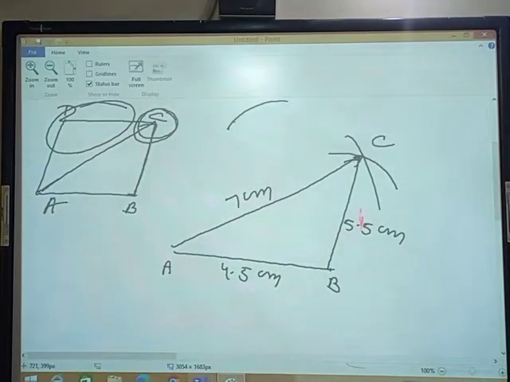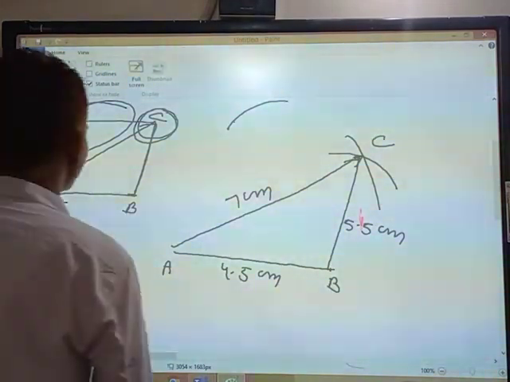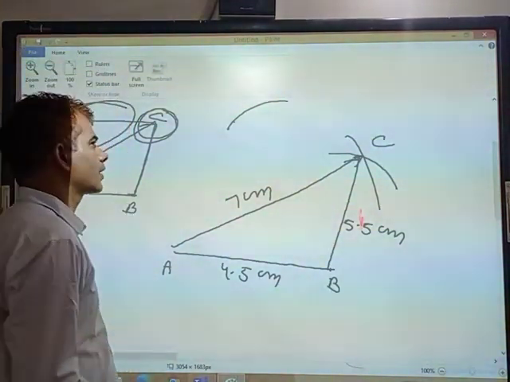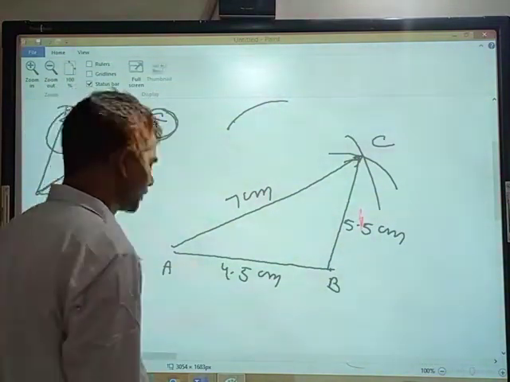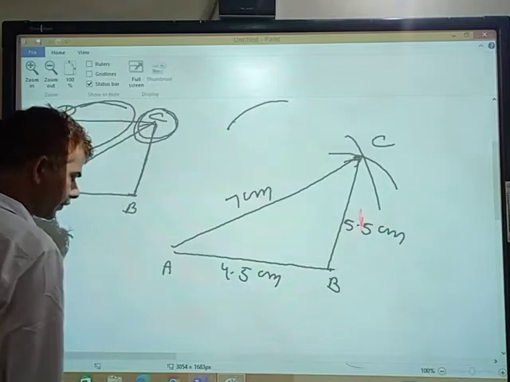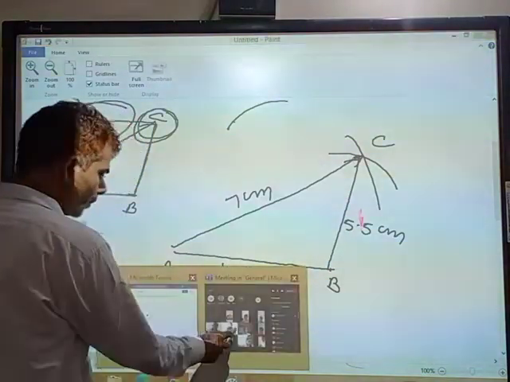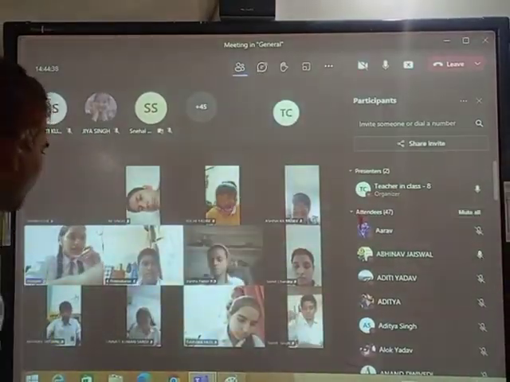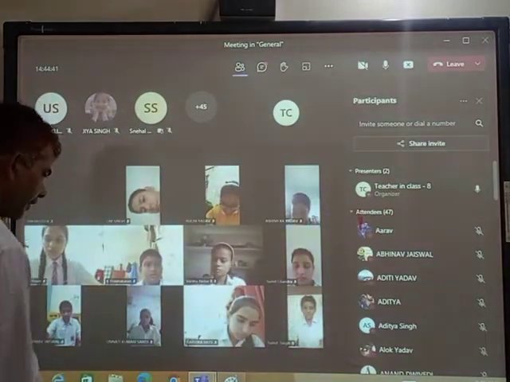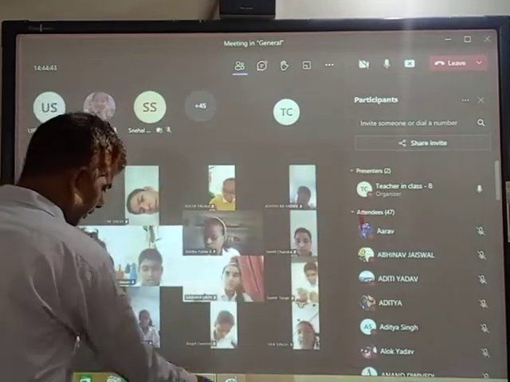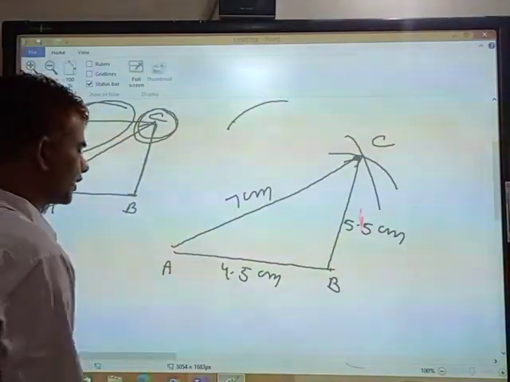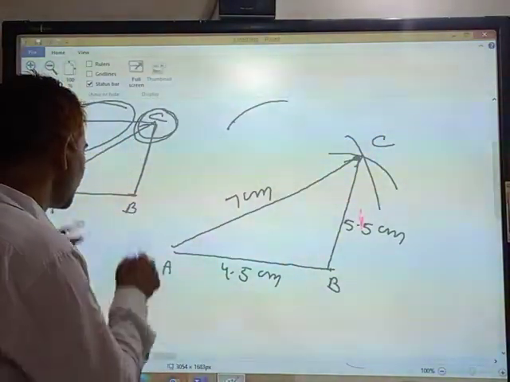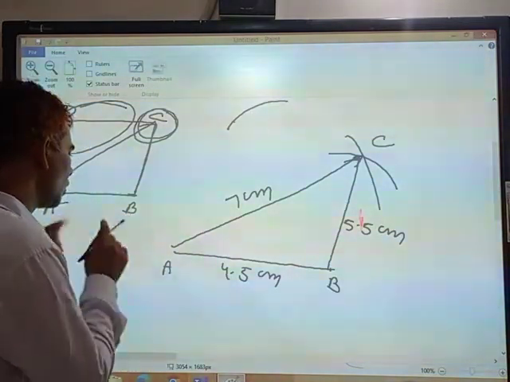Now your AD is 6 centimeter. So please open the compass of radius 6 centimeter. Have you done or not?